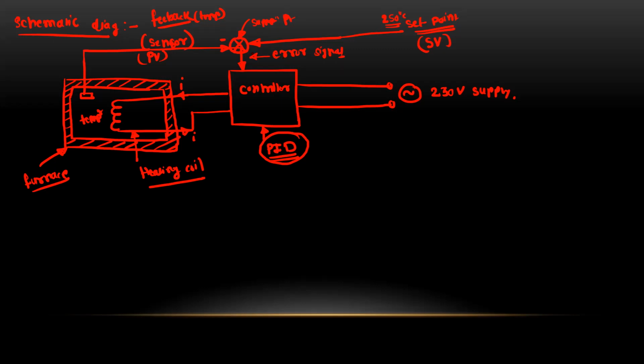So this error signal is given as an input to the controller, and depending on this error signal, the controller will take the desired action. Okay, and then it will control the temperature so that we will get the final temperature which is close to the set value. Okay, so now we will draw the control system diagram, that is a block diagram.